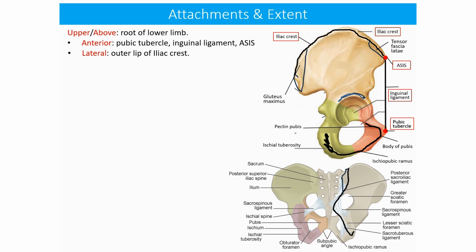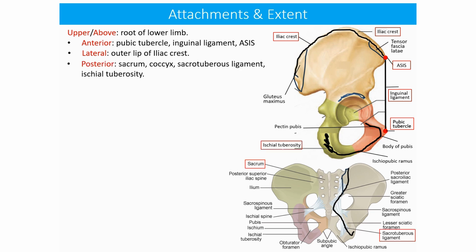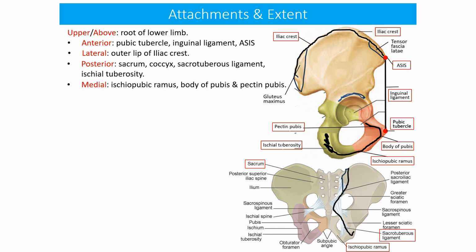Then it is attached onto the outer lip of the iliac crest on the lateral aspect of the thigh. Then it goes on to sacrum, coccyx, sacrotuberous ligament, and ischial tuberosity on the posterior aspect of the thigh. Then it moves on to ischiopubic ramus, body of the pubis, and below the pubic tubercle at the starting point, it passes on to the pecten pubis on the medial aspect of the lower limb.